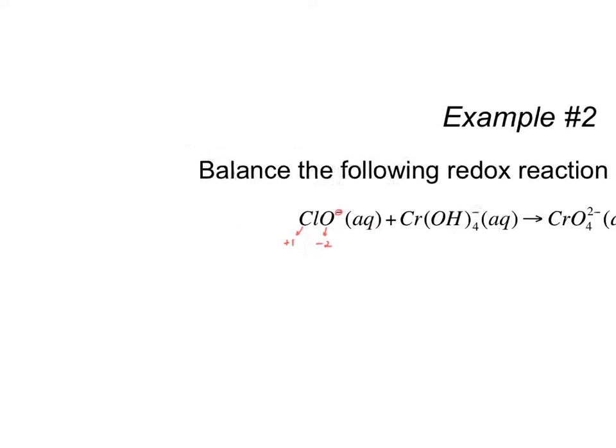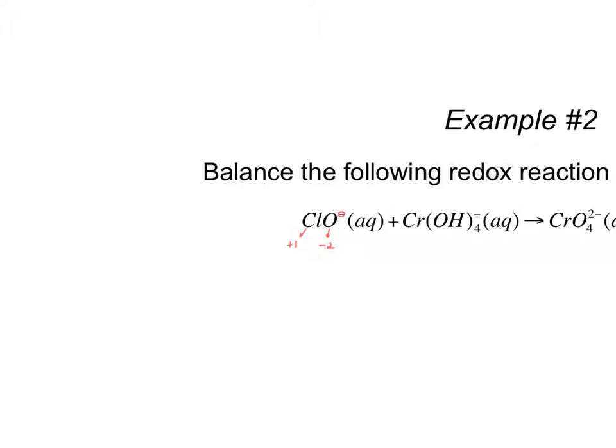Move on to chromium hydroxide. So chromium, we have OH4. This is going to sum to -1. Between chromium, oxygen, hydrogen, chromium is the least predictable, so we'll leave this as some sort of unknown X. This is going to be added to 4 times the oxidation state of oxygen, which is a -2, plus 4 times the oxidation state of hydrogen, which is a +1.